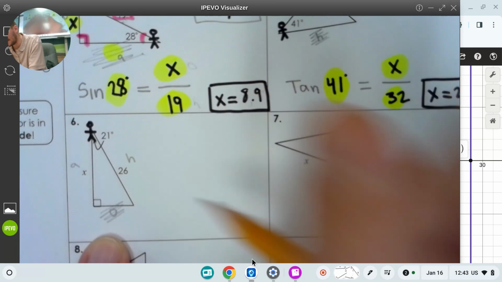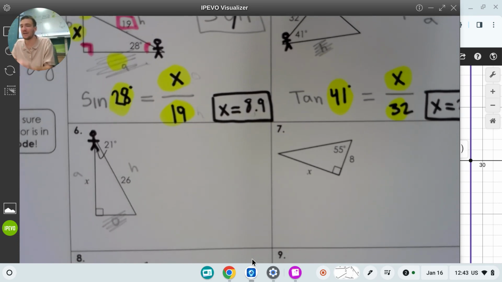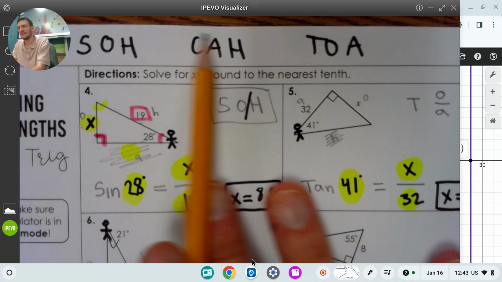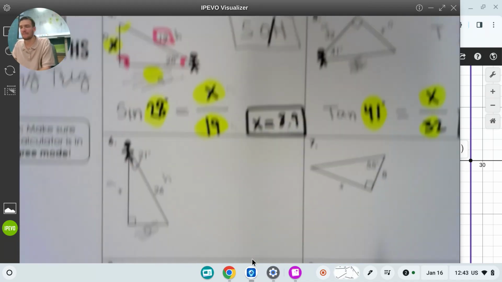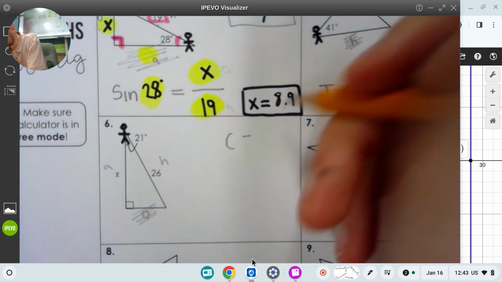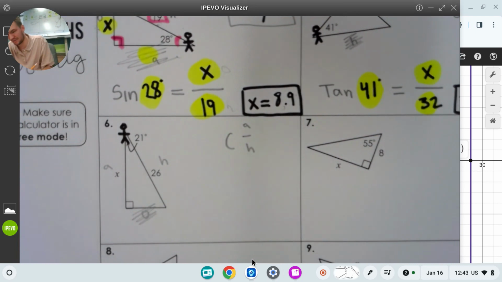And so this one that we don't need is the O. So we're going to pick the trig ratio that does not have the O, that uses the A and the H, and that is cosine, the middle one. So we're going to use cosine, which is the adjacent over the hypotenuse.